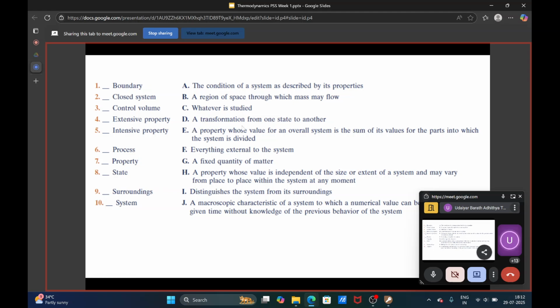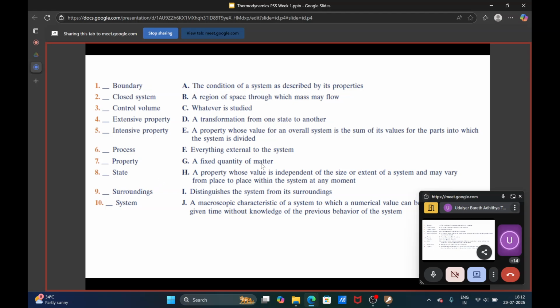D, a transformation from one state to another, is a process. E, a property whose value for an overall system is the sum of its property for the parts into which the system is divided, is an extensive property. Everything external to the system is your surroundings.